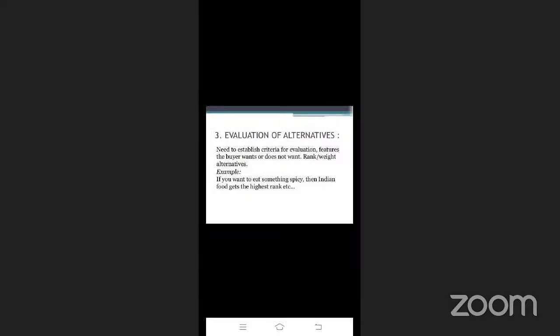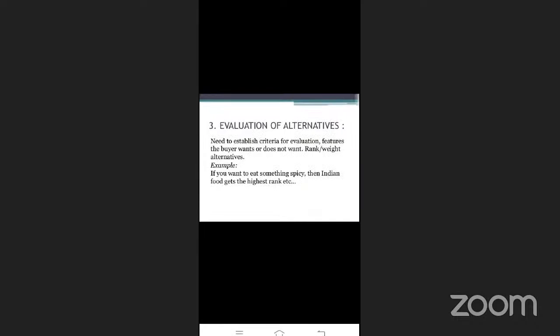Then the third one is evaluation of alternatives. For example, you want to buy one kurta or a good kind of Punjabi suit. You will go to the shop and, according to your preference, you will ask the shopkeeper, the seller, to bring all the suits. And then again, you will see your budget: how much money you have in your pocket, up to how much you want to spend. So according to your budget and your taste, you will select your choice of dress from many alternatives.